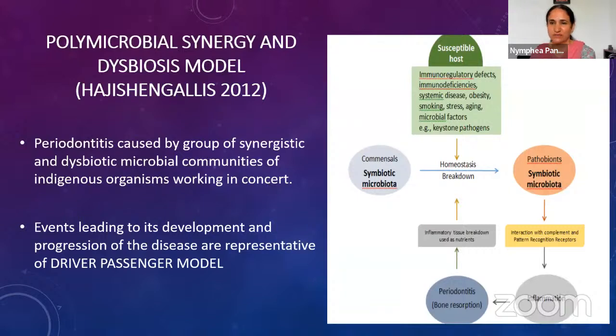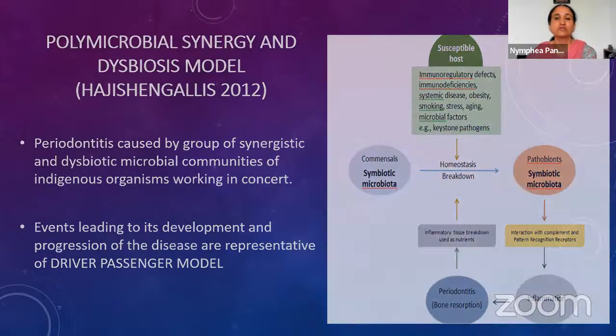They get the nutrients, they thrive on the nutrients, they get the genetic material from these. There is intercellular signaling between these organisms. They transfer the genetic material and make the other organisms more virulent, and that is how the disease progresses.